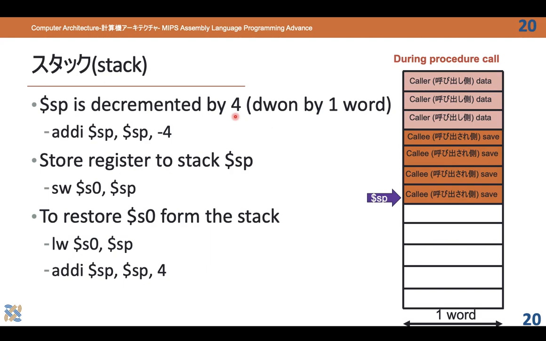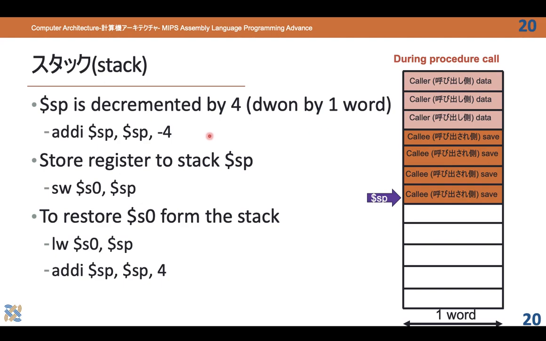Once the local procedure wants to use some register, but doesn't know whether the main function already used it, the local function first copies that register's value to the stack, and after that it can use the register. Once the program finishes, it loads the same value from the stack back to the register.